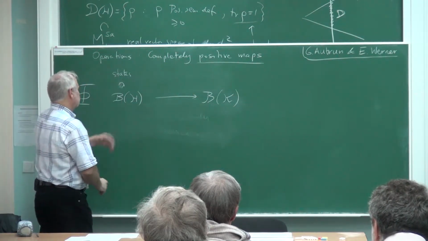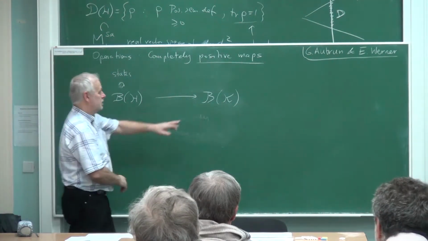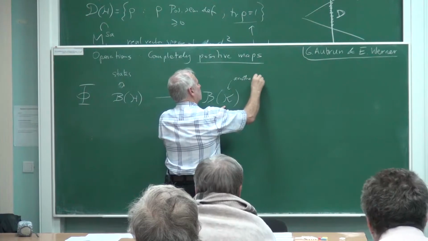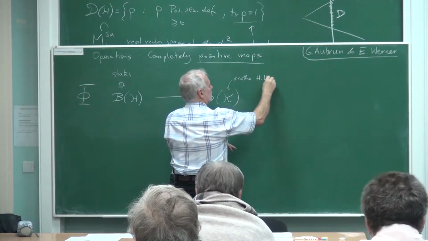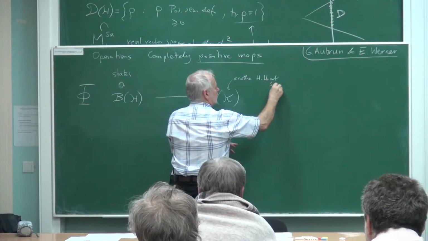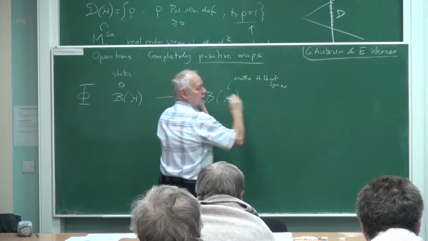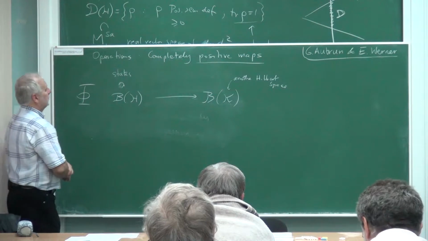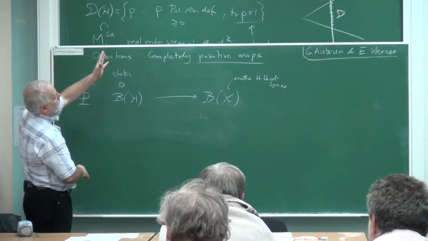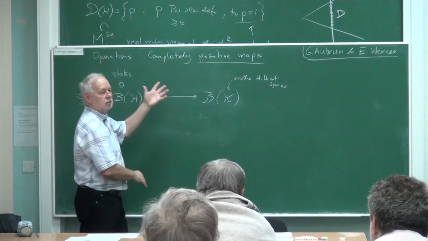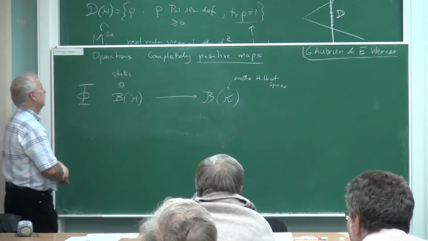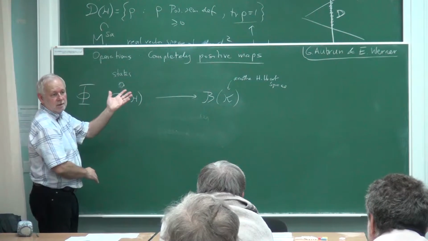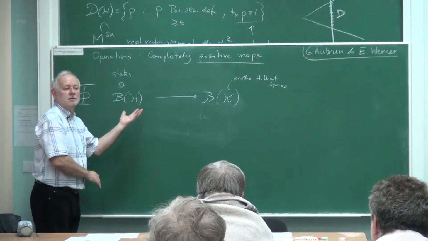K is another Hilbert space. It may be the same, may be different depending on how you set it up. In the first approximation it should be the same. Positive just means that it maps positive matrices to positive matrices.